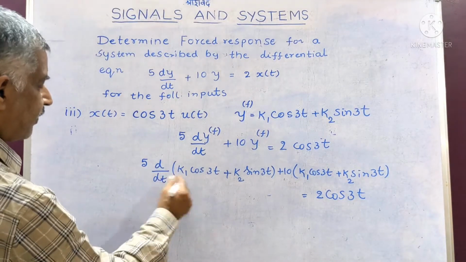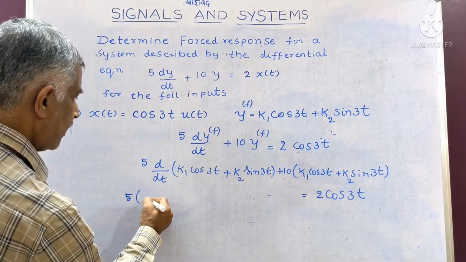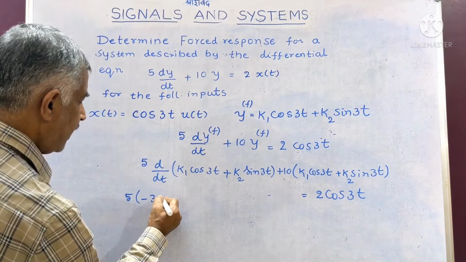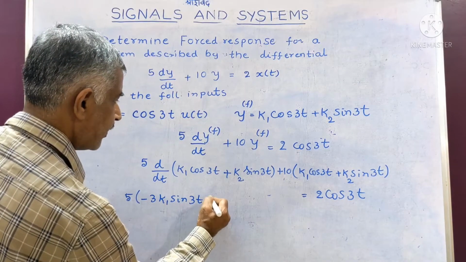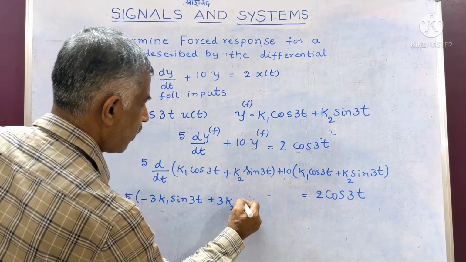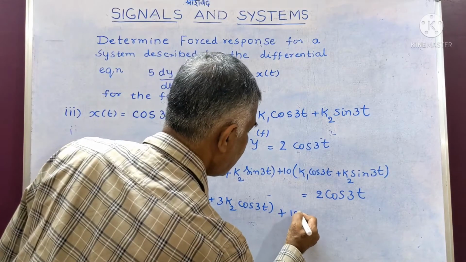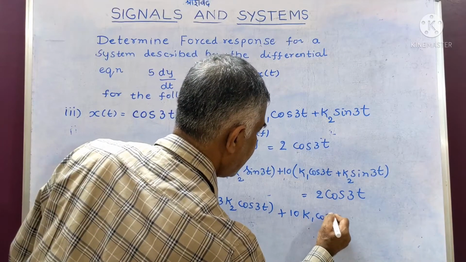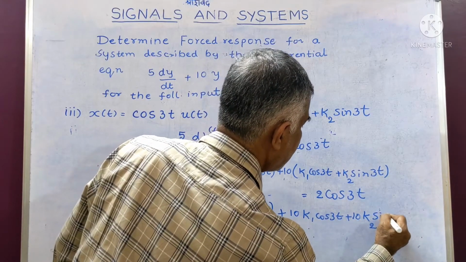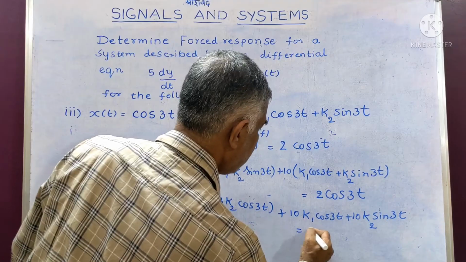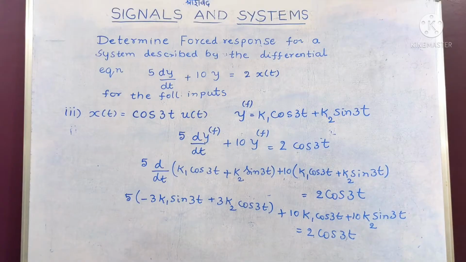On differentiating this, we get minus 5 times 3k1 sin 3t plus 3k2 cos 3t, plus 10k1 cos 3t plus 10k2 sin 3t is equal to 2 cos 3t.